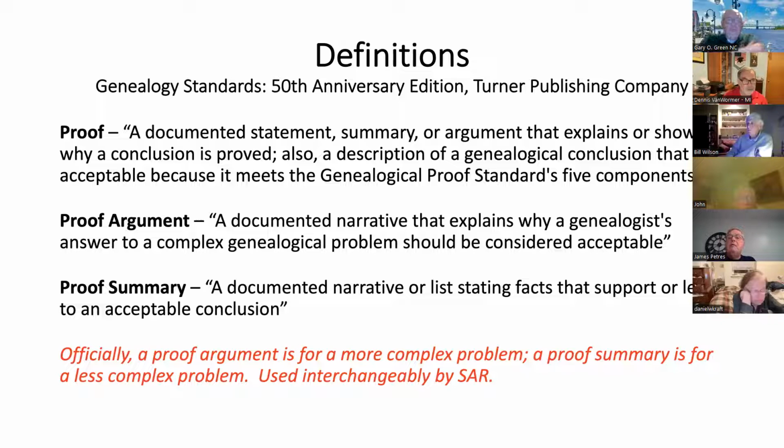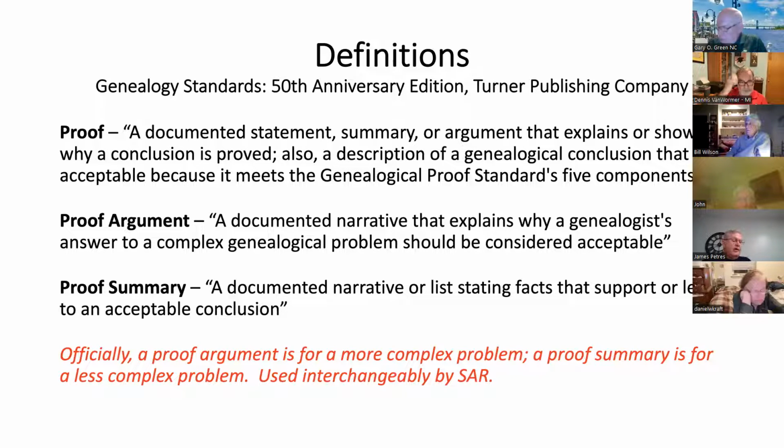You can read them. The difference here between a proof argument and a proof summary is that a proof argument is the term used when it's a more complex genealogical problem, and the summary is when it's a less complex problem and fairly easy or obvious to determine a conclusion once you list the facts.